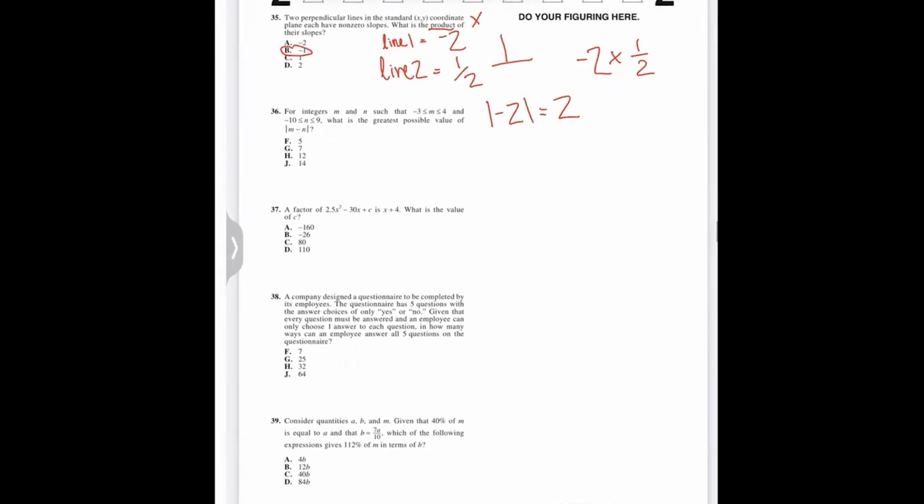And since you have the absolute value sign, that does change a lot of things. So what I would look at on this one, 36, I would actually choose 4. And then we go minus n, and I would choose the biggest number there, which is -10, so go -(-10). And so that would be 4 plus 10, and the answer would be 14.